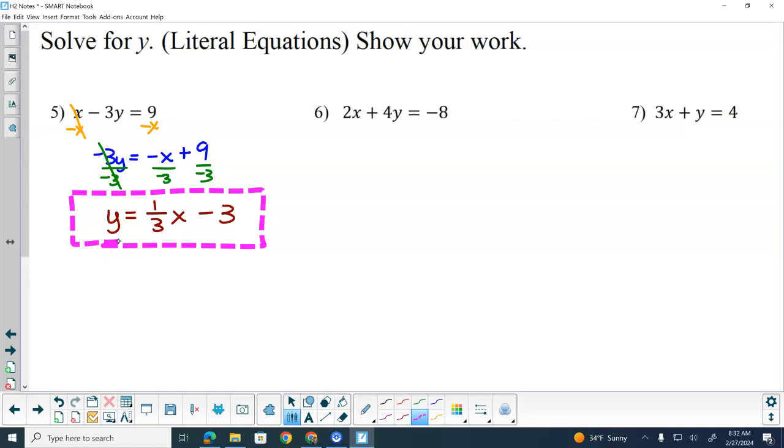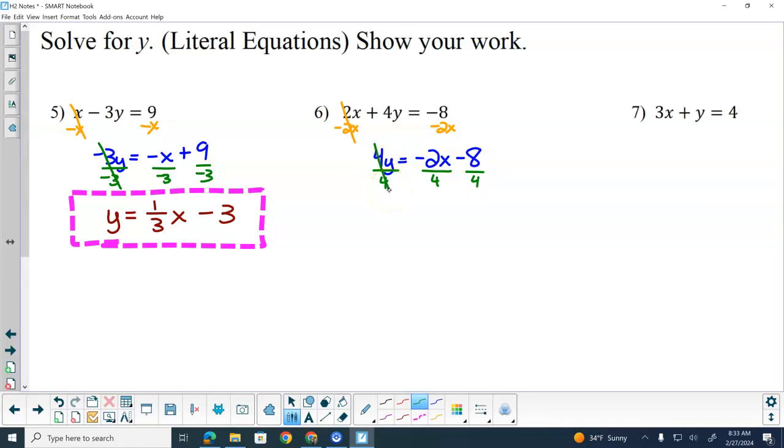Over here on this one, you should have subtracted 2x from both sides. Makes this go away. Leaves you with positive 4y equals -2x minus 8. Then we're going to divide everything by 4.